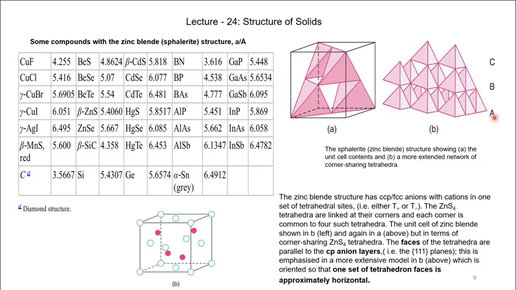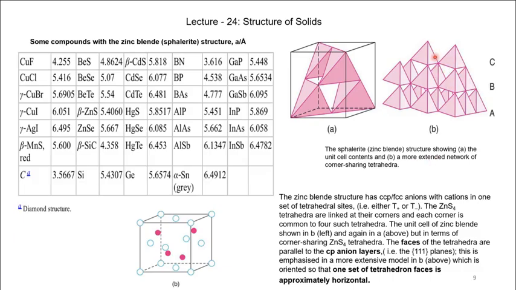This is the tetrahedral arrangement, and here is the face-centered arrangement A, B, C. These are the two layers A, B, C. If you remember, when we were discussing close packed structures, we said if the arrangement of anions becomes A, B, C, the structure itself becomes cubic close packed. So here in fluoride, which is a cubic close packed structure, we have a more extended network.